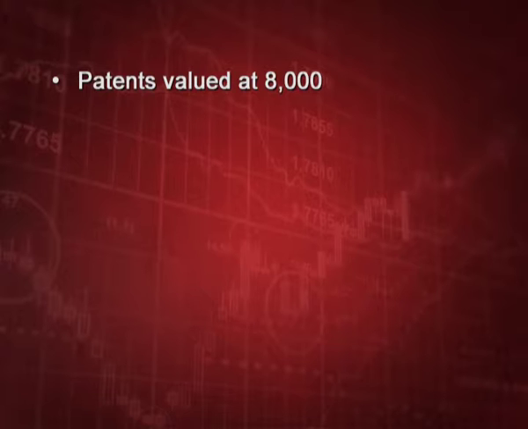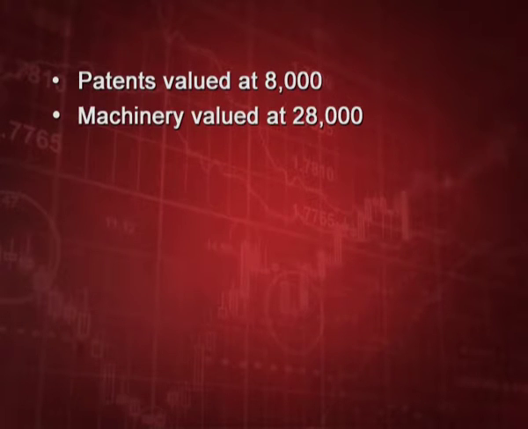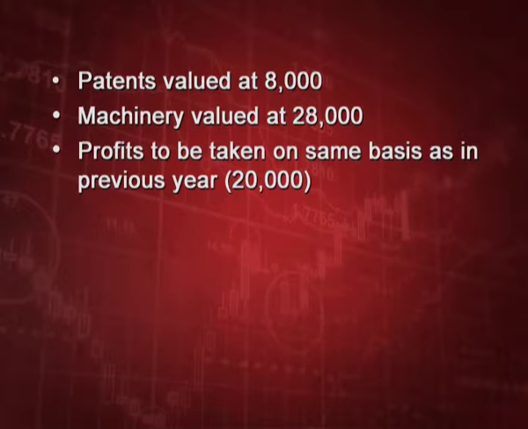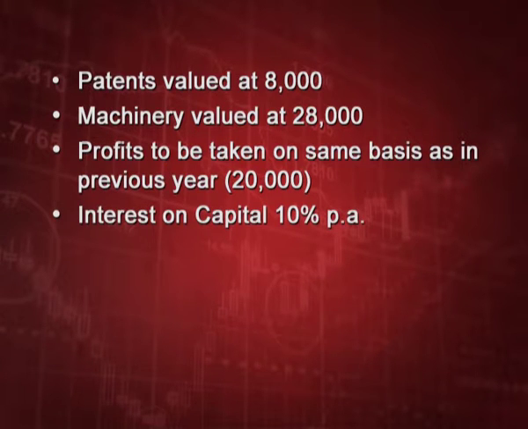So, there is a change in the value. Machinery is valued at 28,000. Again there is a change in the value and that is a decline, which will be a loss, and profits are to be taken on the same basis as in the previous year, and in the previous year it was 20,000. Interest on capital is taken at 10% per annum. So, you remember interest is taken only till the date of death, and A died on 1st October.